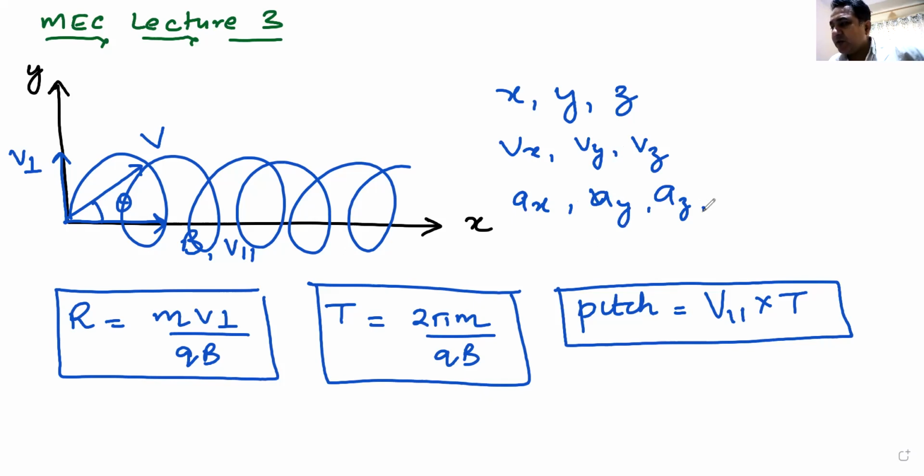X, Y, Z, Vx, Vy, Vz, Ax, Ay, Az. Can anyone tell me? As a function of time, obviously. The X, Y, and Z coordinates of the particle as a function of time. Vx, Vy, and Vz as a function of time. Ax, Ay, and Az as a function of time. What will you say?